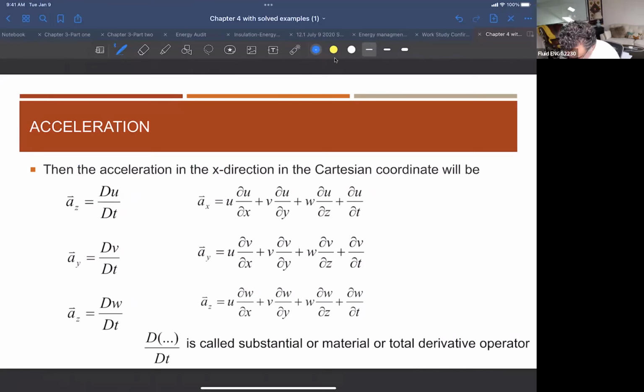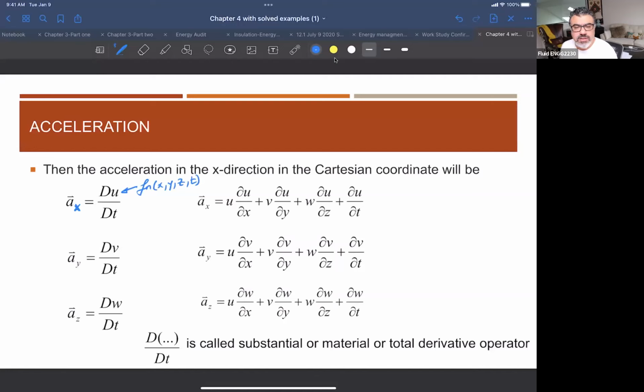So acceleration in the x direction will be du by dt. But because u is a function of x, y, z, and t, the total derivative will be, remember how we do this analysis?